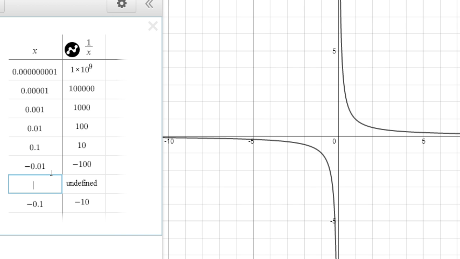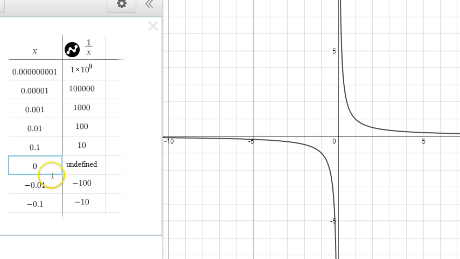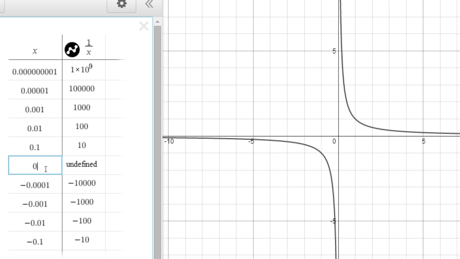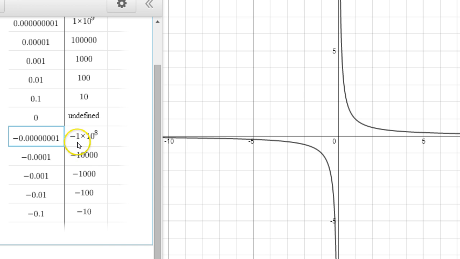As you can see, the closer and closer I get to 0 here, the closer I get to negative infinity.